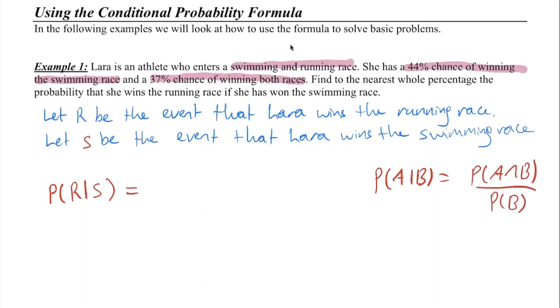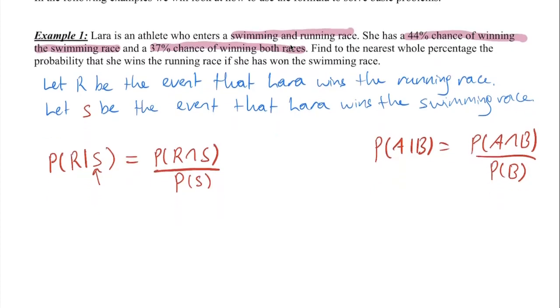Let's match this up. We know that we're going to need the probability that she wins the running and swimming, over the probability of whatever thing is here, goes on the bottom, over the probability that she wins swimming. Which is great, we're given both of those. She has a 44% chance of winning the swimming race, so this is 44%.